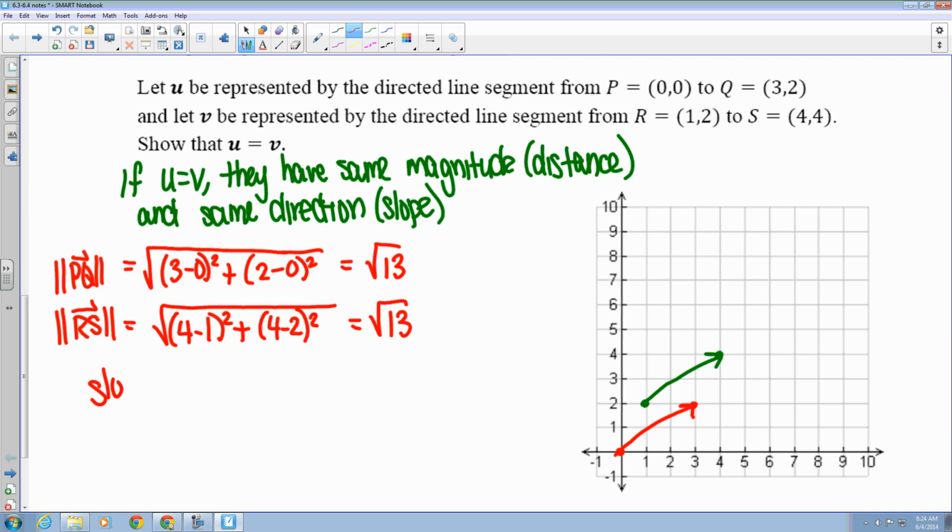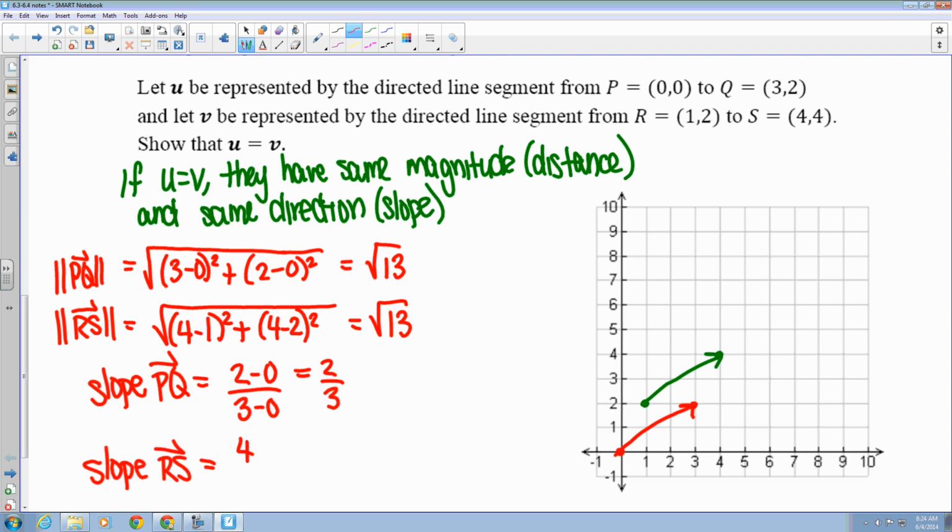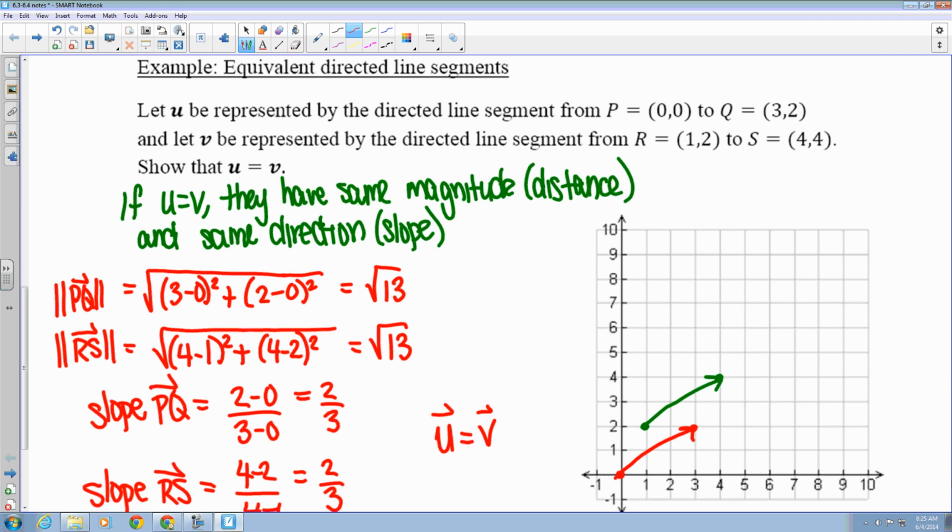So now the slope of PQ, y2 minus y1 over x2 minus x1, 2/3. And the slope of RS, y2 minus y1 over x2 minus x1, 2/3 as well. So we can conclude that vector u is equal to vector v.